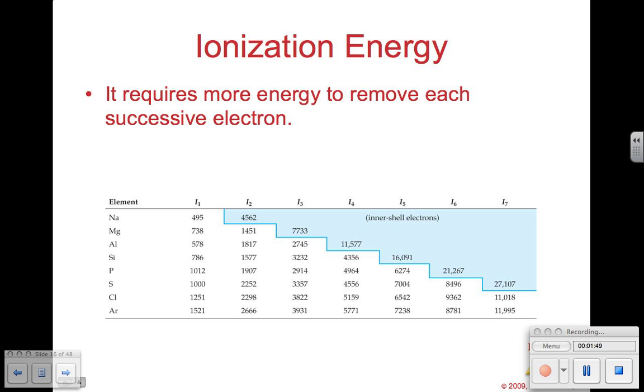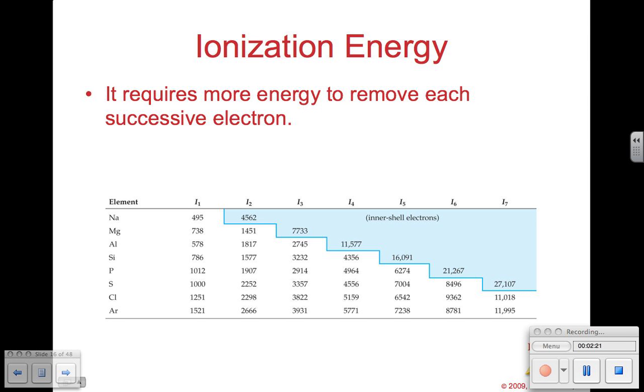So if you think of sodium, sodium has 11 electrons: 2 electrons in the first energy level, 8 in the second energy level, and 1 in the third energy level. For sodium, the first ionization energy is 495. Okay? But you notice if we try to remove another electron, so the second ionization energy, it is a significant amount of energy to remove one more electron.